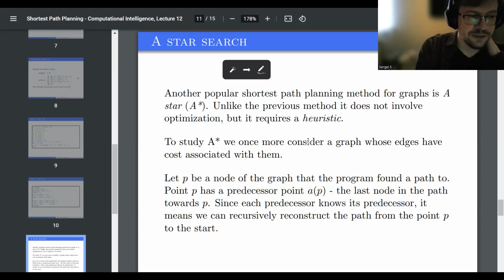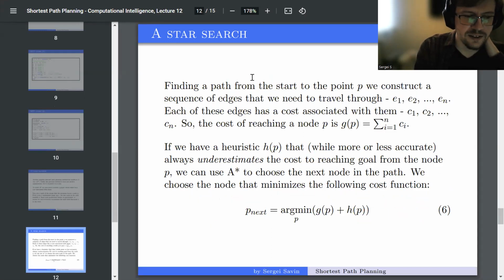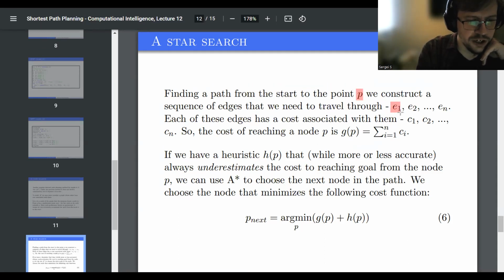All right, that is the first aspect of the problem. Second, if we found the path from the start to P, we can construct a sequence of edges that we travel to get to P. So we go through the edges E1, E2, En.